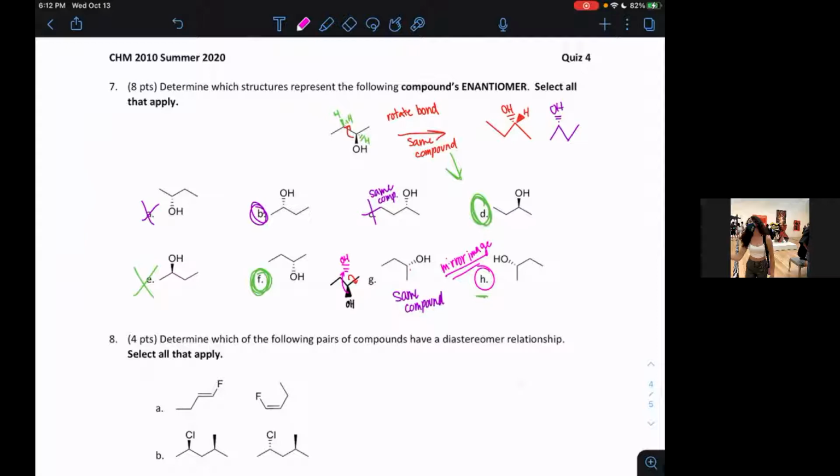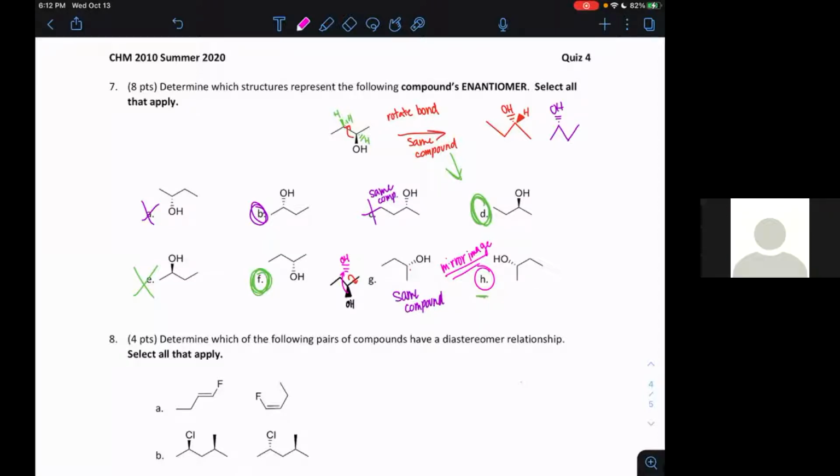Questions. So someone says I thought the original only has one enantiomer. Yeah, but we did different rotations, so those each have their own enantiomer. I think you can only pick one, but you could make an enantiomer multiple ways.